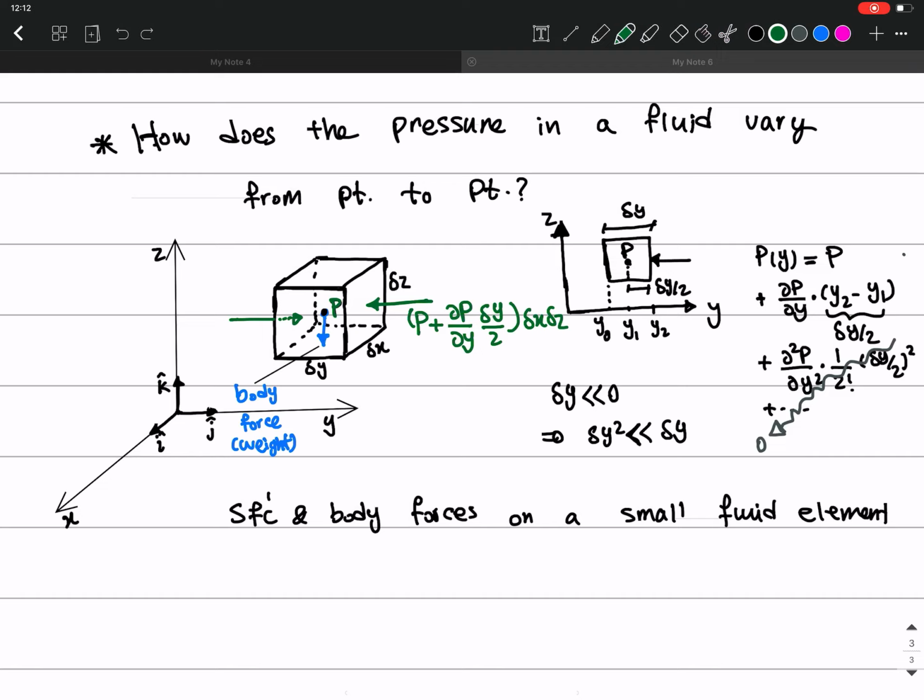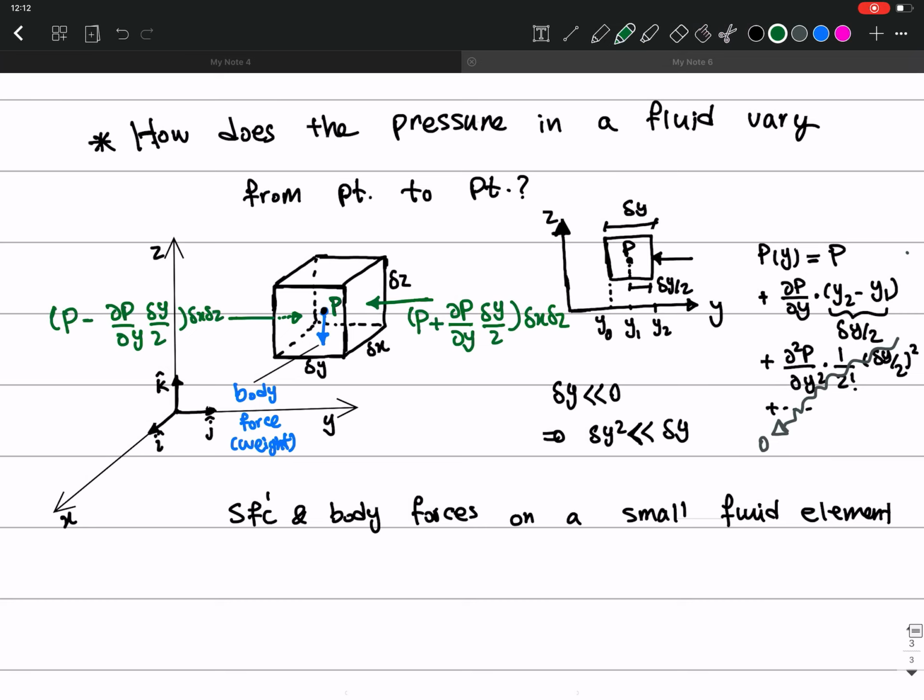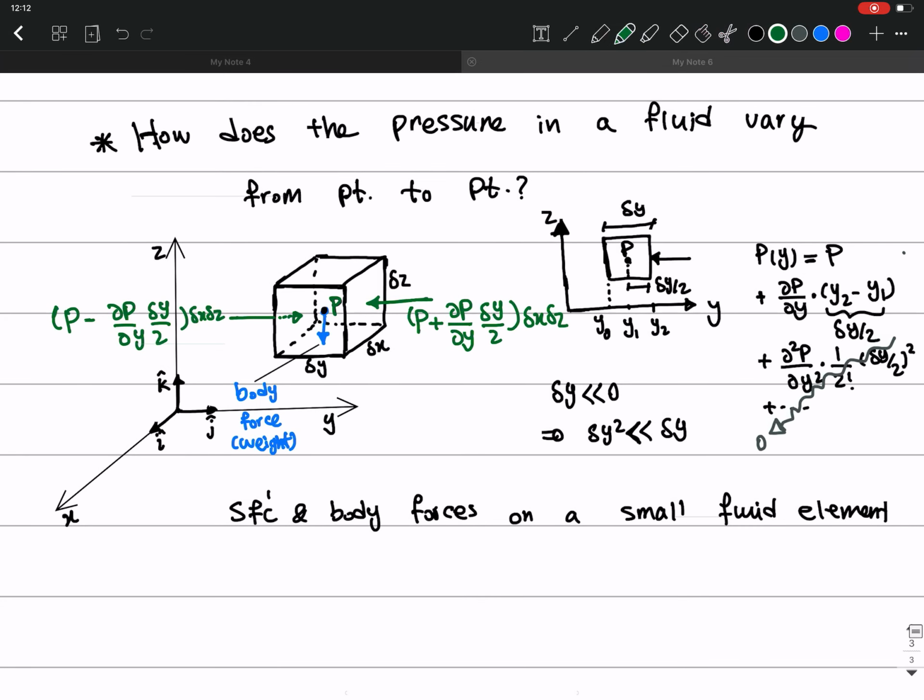So p, pressure at the point in the center, minus the derivative of p with respect to y times delta y over half times delta x delta z, right? So this is going to be the force on the left side.